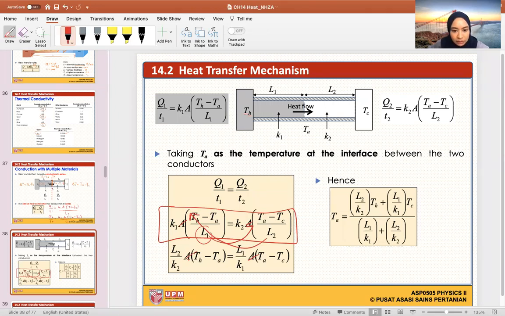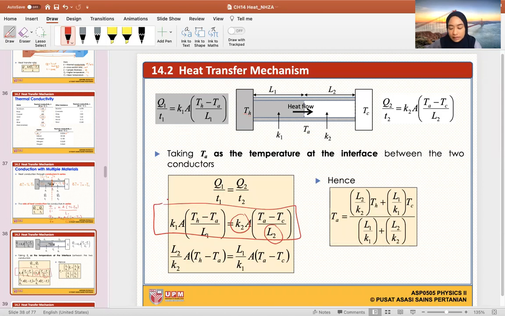So you are left with, dia rearrange lah basically. Okay, so L2 dengan K2 dibawa pergi sini. I would prefer to use this equation as it is. Okay, as long as you know how to use it, rearrange lah macam mana pun, jawapan dia akan sama.